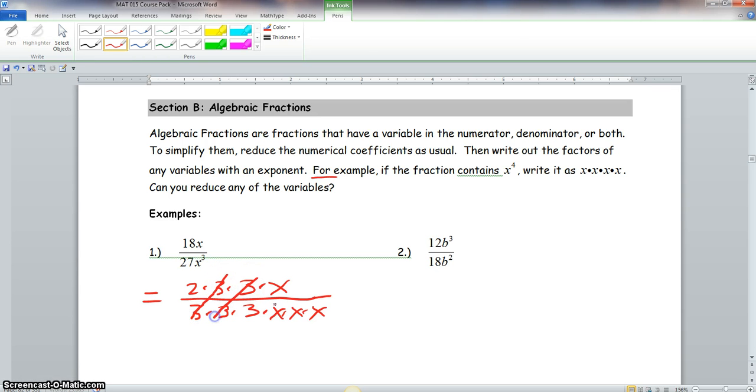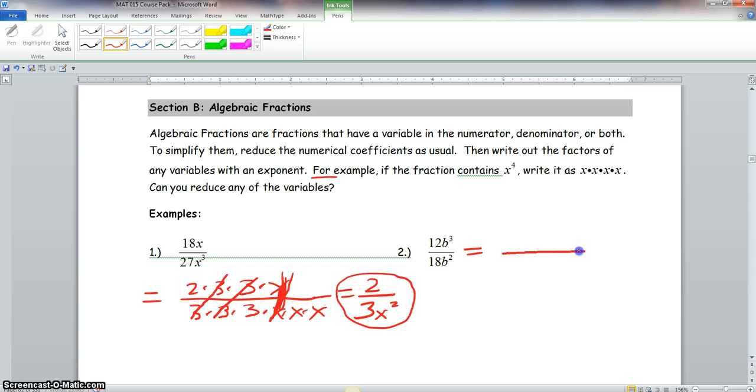We have 2 sets of 3's that are the same, and we also have 1 set of x's that are the same. So now in our numerator we only have 2. In our denominator we have 3, and we have an x times x, which would give us x squared. So this will be our final answer here.